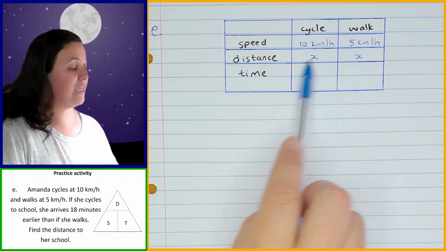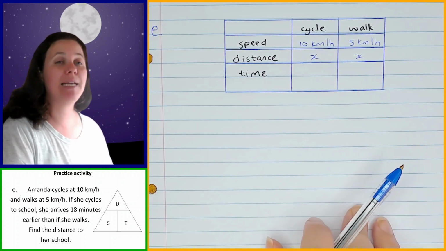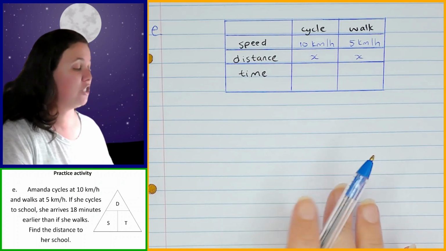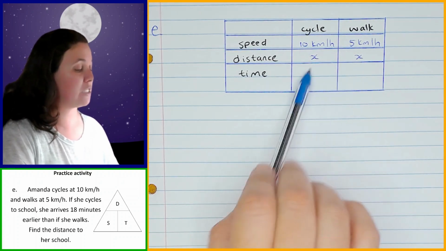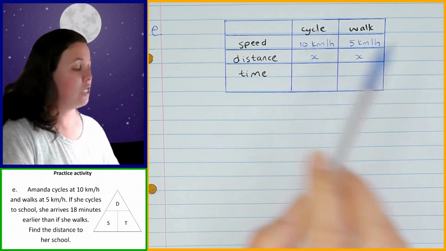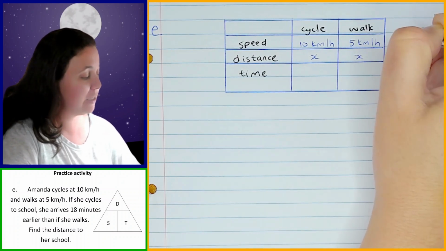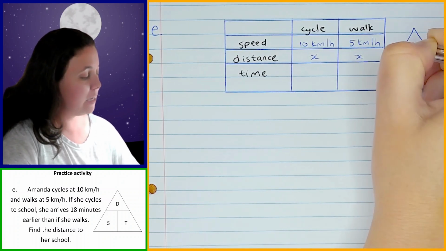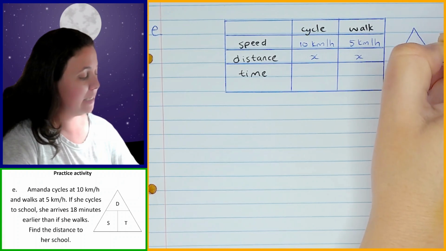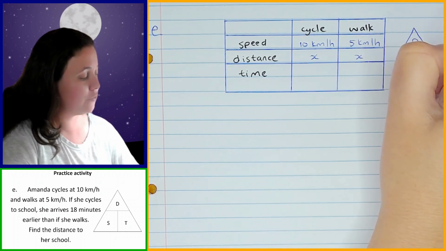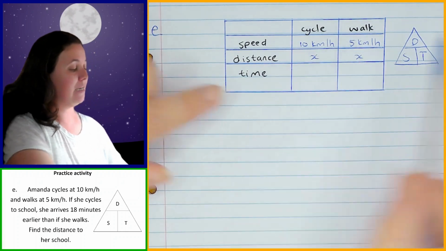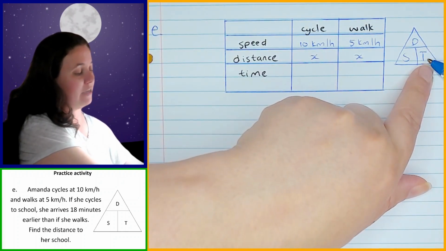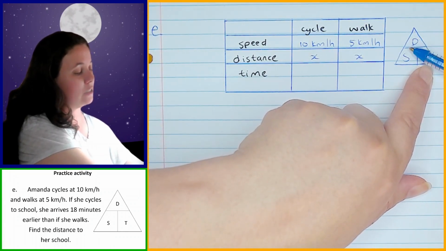What I'm going to do over here is use my speed, distance, and time relationship to work out what the time is in terms of x. Remember our relationship: speed is distance over time. So time is distance over speed.